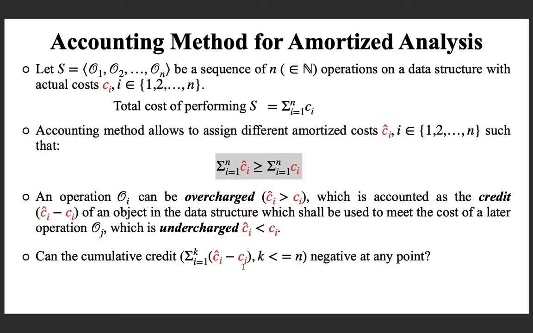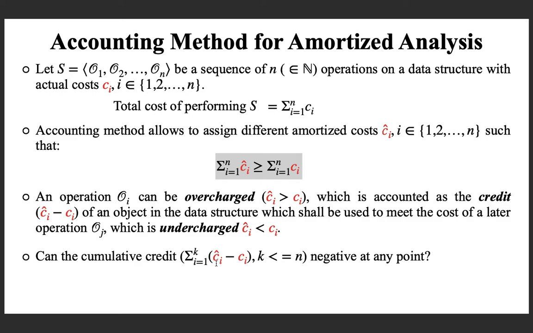The amortized cost, for example 2 for the insert operation, minus the actual cost, that is 1, gives 1, and that is the credit for the first process in the waiting queue or the blocked queue.